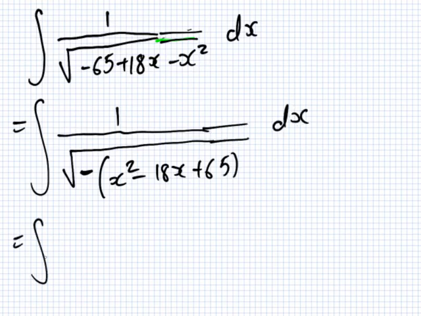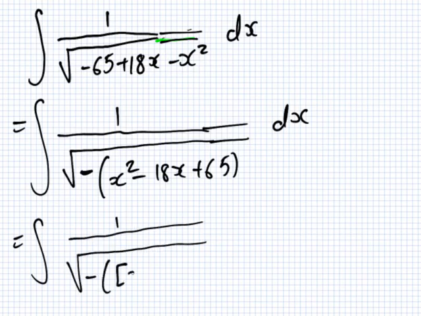So now I'll complete the square. I'll get minus, bracket x minus 9 bracket squared. So what's that? 81, 65, 16.